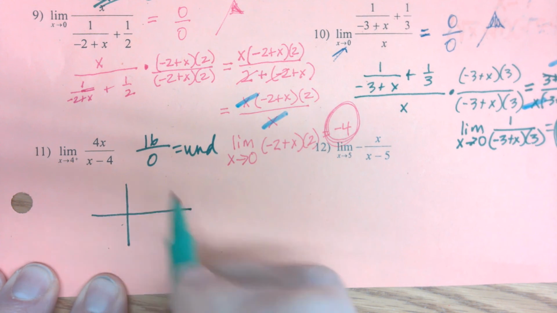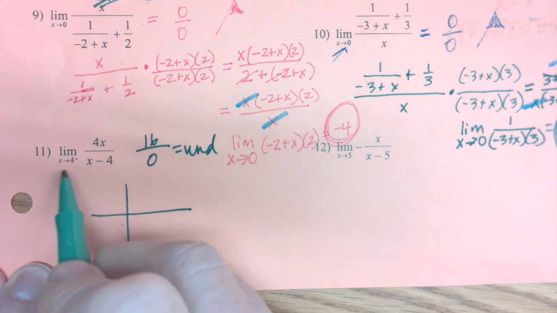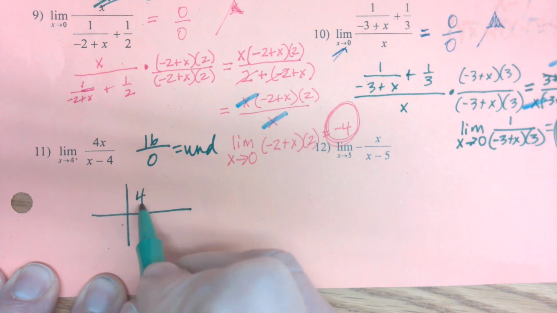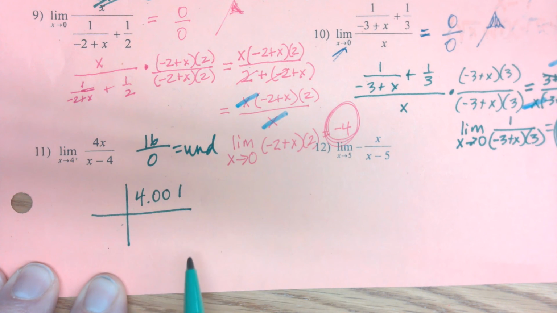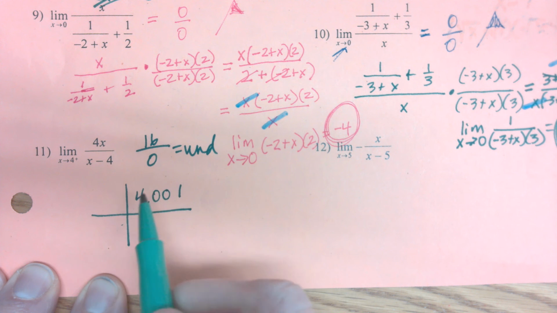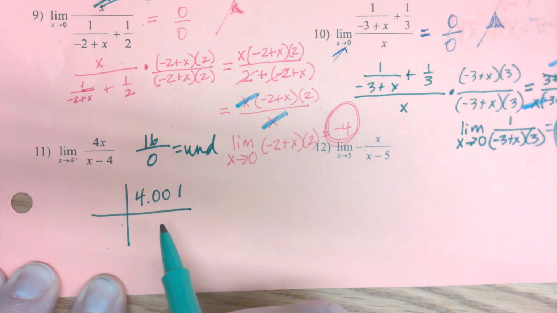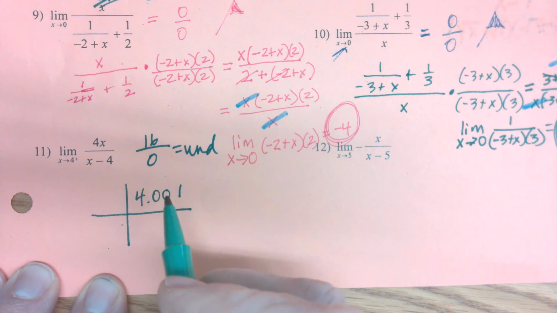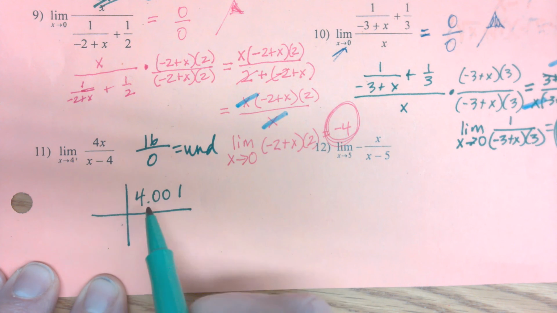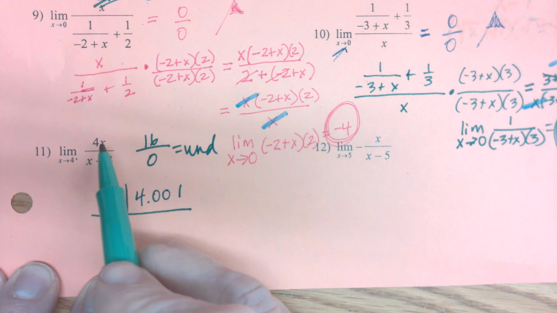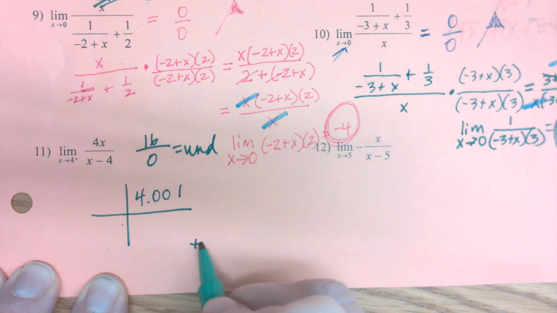I'm only interested in the right of 4, so I'm going to plug in 4.001, and I just plug it into the original function. I don't even really plug it in. I just imagine, what happens if I take 4 times 4.001? Well, it comes out positive.